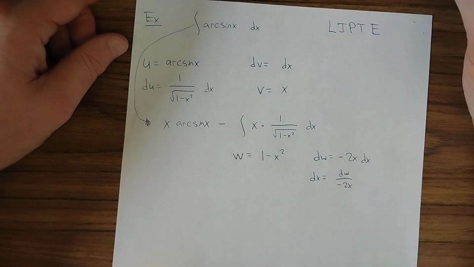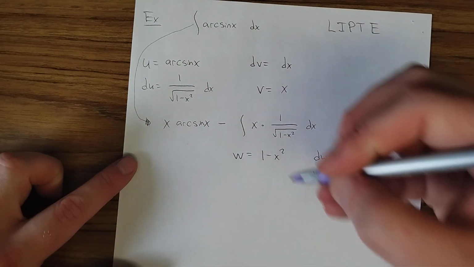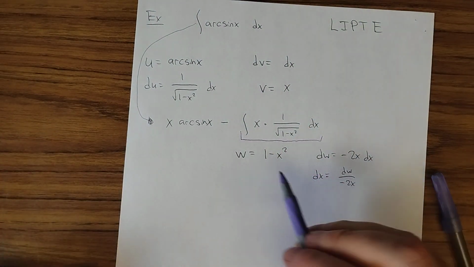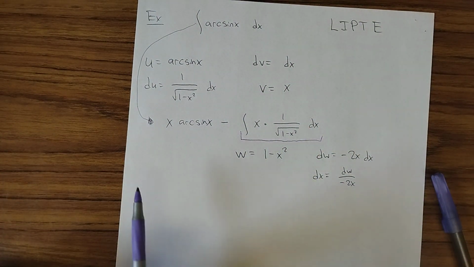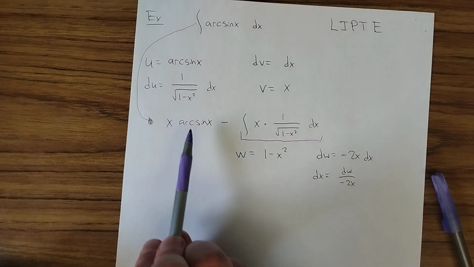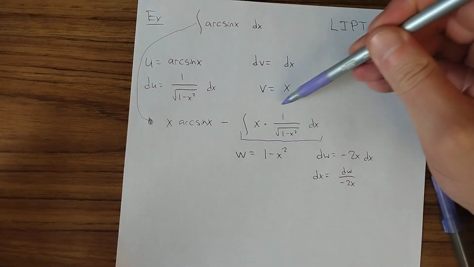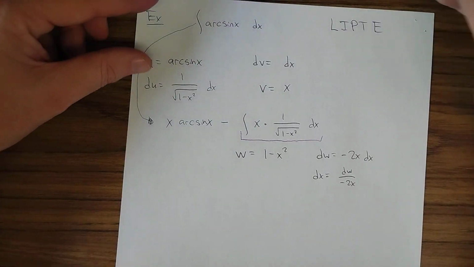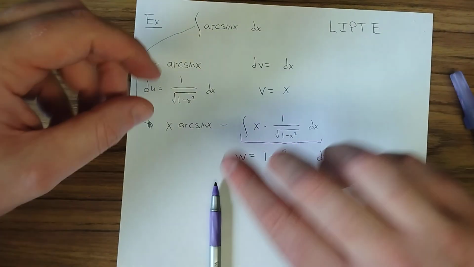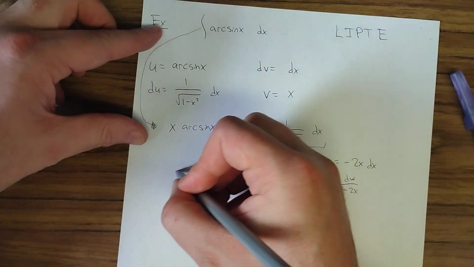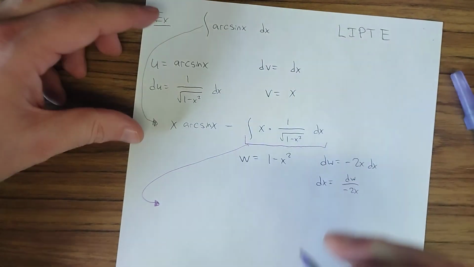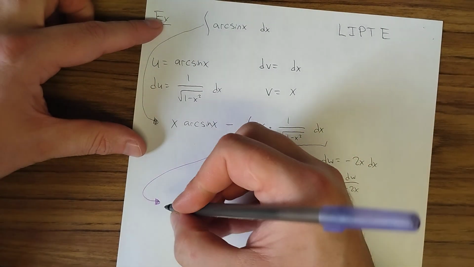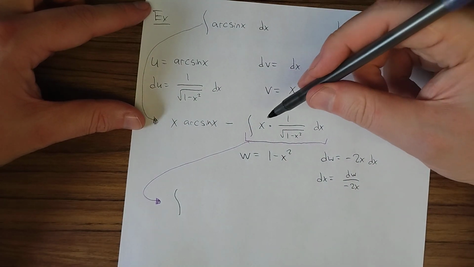Like that. And let me pull one of these moves. I'm just going to work on this part right now. In the end, when I write my final answer, I'll have to include this, but let me just figure out what this is, and then I'll put everything together in the end. So this part is integral.